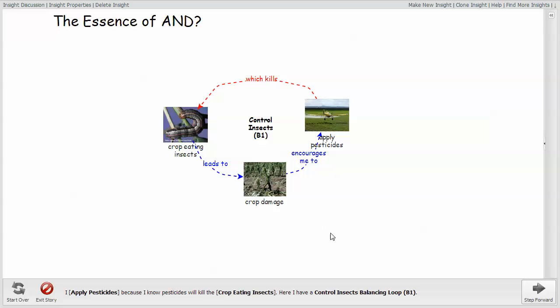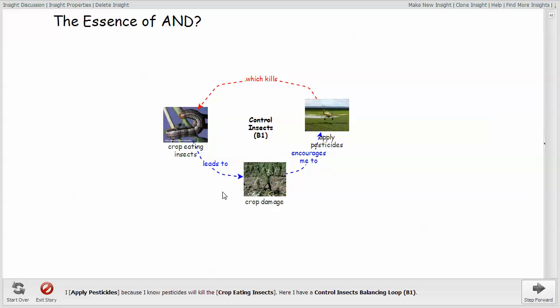And I end up with what's referred to as a balancing loop, because this is a positive reinforcing influence, so that more crop-eating insects would lead to more crop damage, and more crop damage would influence me to apply more pesticides. Though applying pesticides tends to reduce the number of crop-eating insects.